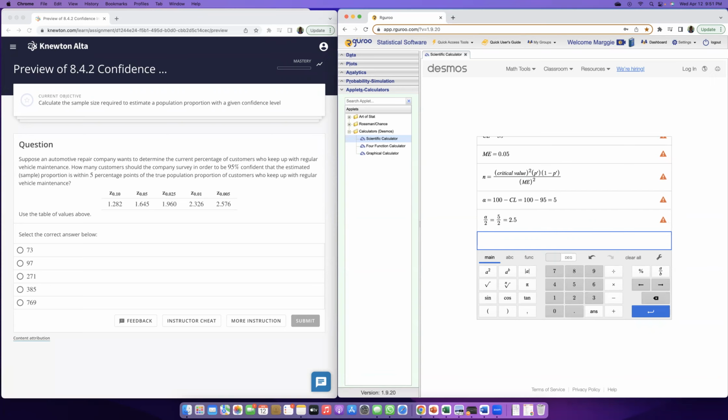So then the z value of alpha over 2 is 2.5. And again, we use the decimal, right? So the z that we're finding is the z of alpha over 2. Alpha over 2 is 2.5.